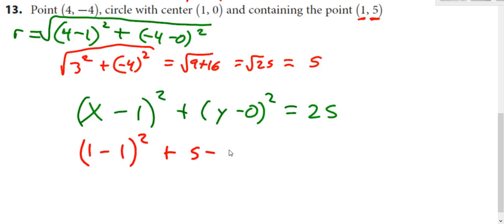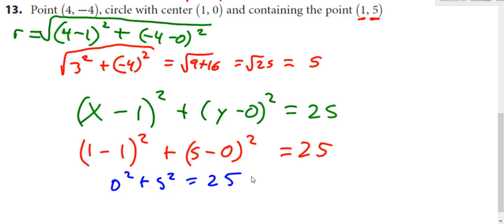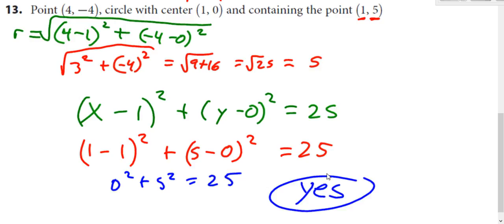Plug in 5. And this needs to work out to be 25 if that point is on the circle. So we have 0 squared plus 5 squared. Yeah, that's true. Yes, the point (1, 5) is on the circle.